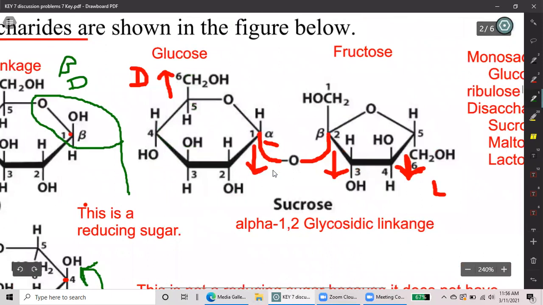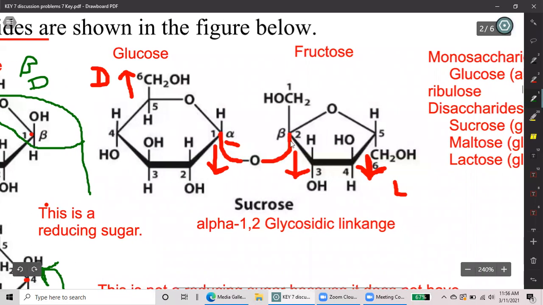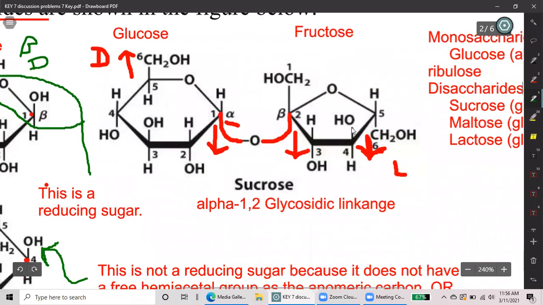Now let's look at sucrose. Well, we go up, so it's D. And then here we go up, and then on the anomeric carbon, it's going down. So these guys are opposite. That means it's trans, and that means it's alpha, okay? Here we have, what do we have?